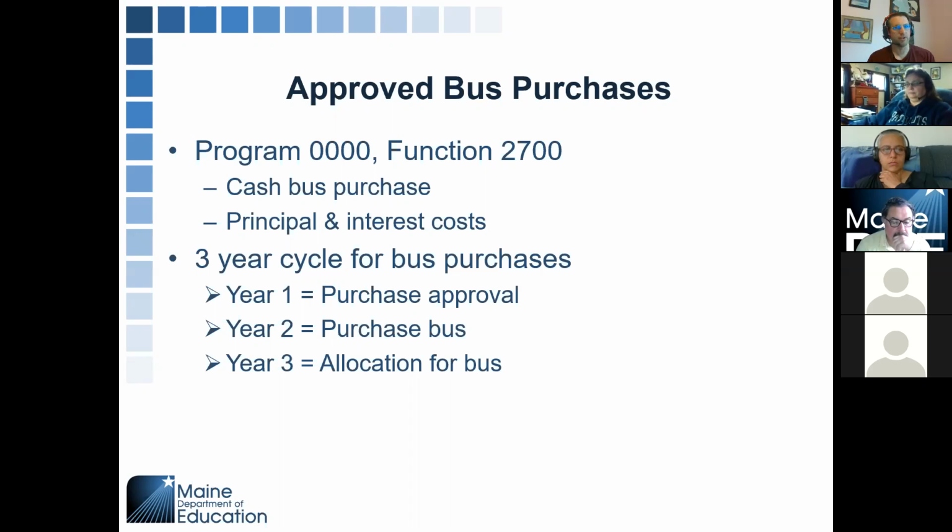But I would certainly contact Pat first before you went out and bought a bus with the CARES Act funding, just to maximize the state dollars before you're buying something with these particular federal dollars.